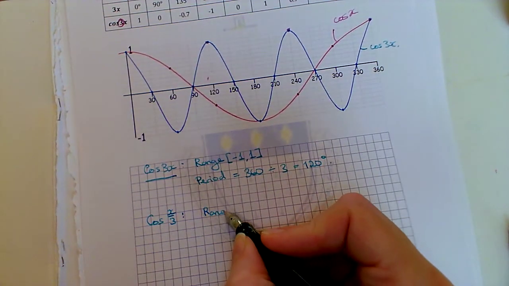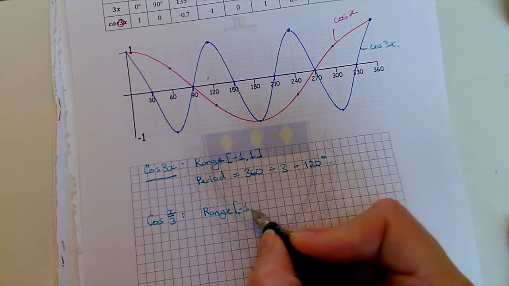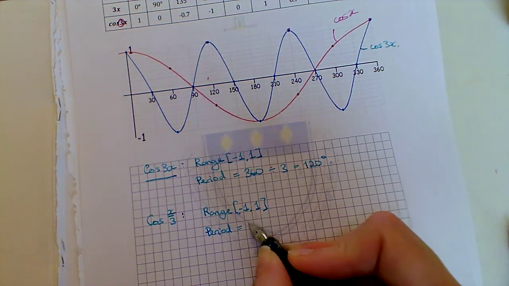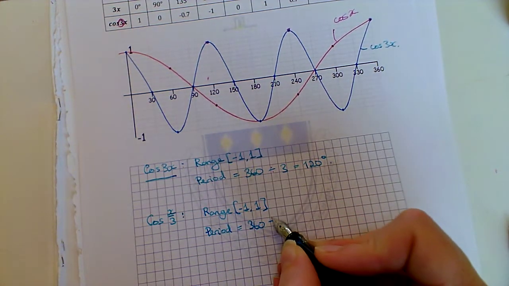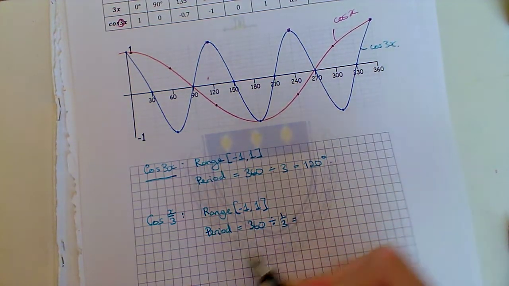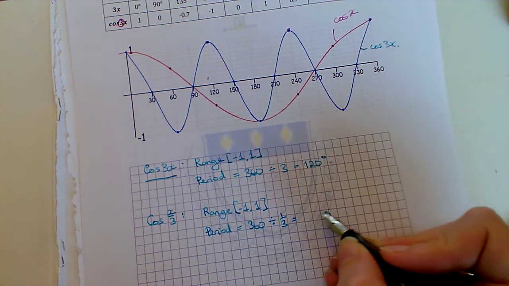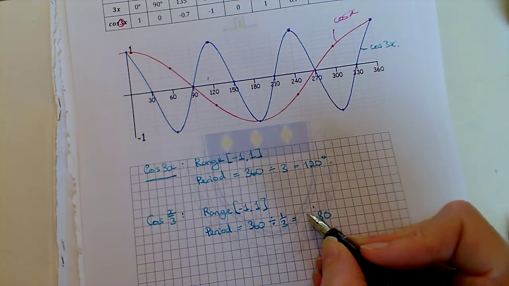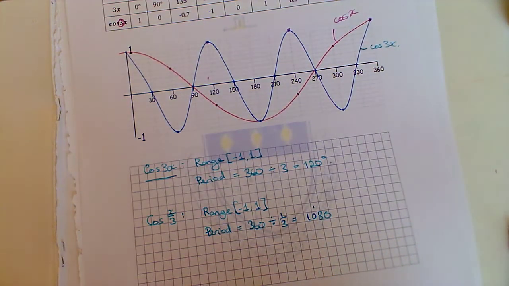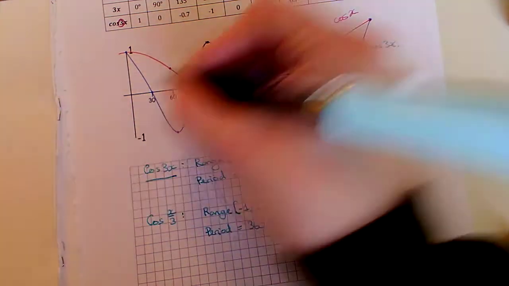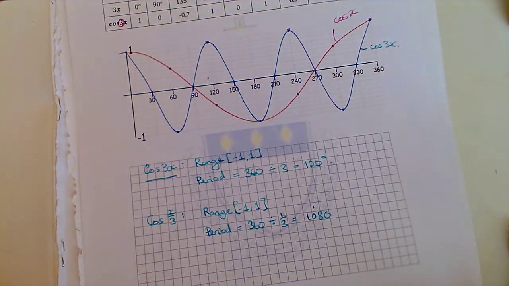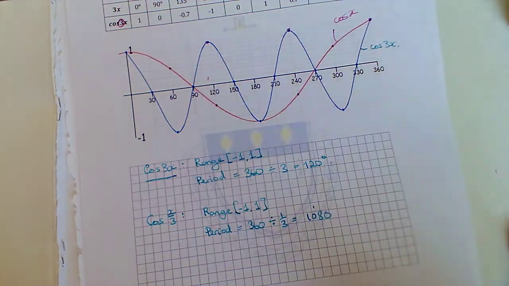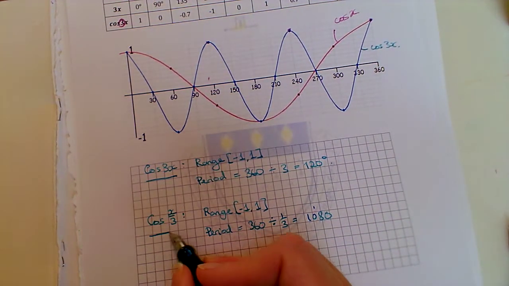Then the range is going to remain at -1 to 1, and the period will be 360 divided by 1/3, which is the same as multiplying it by 3, and we get 1080. So it'll get really, really stretched out. In terms of plotting that, you'd need to have more space on your x-axis.